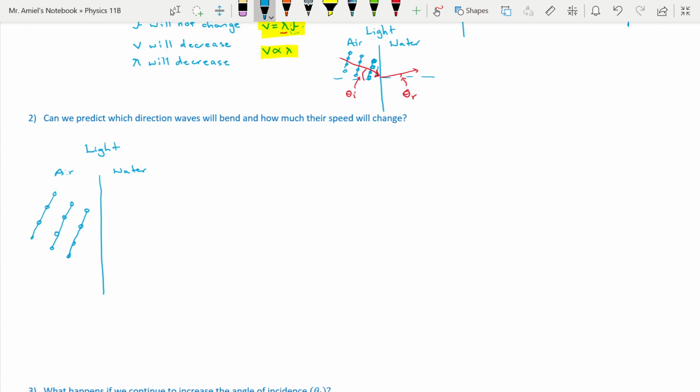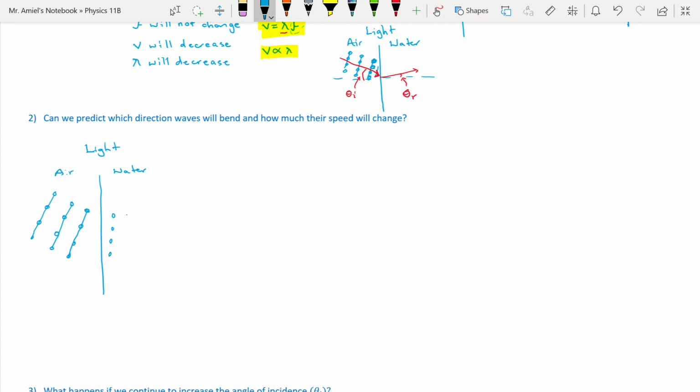So we said that our top marcher here is going to hit and slow down. That's going to allow the other ones to speed up and catch up.